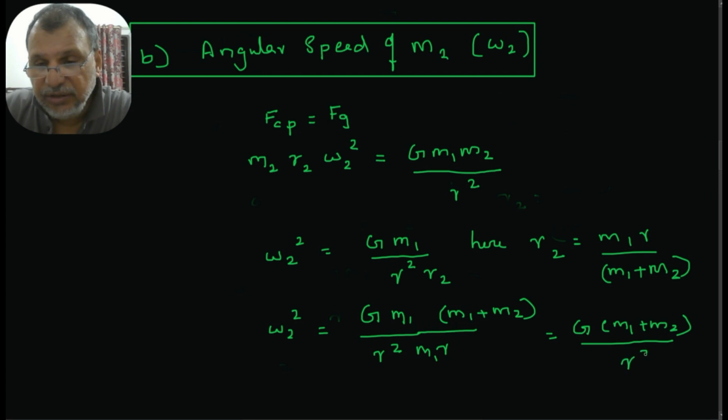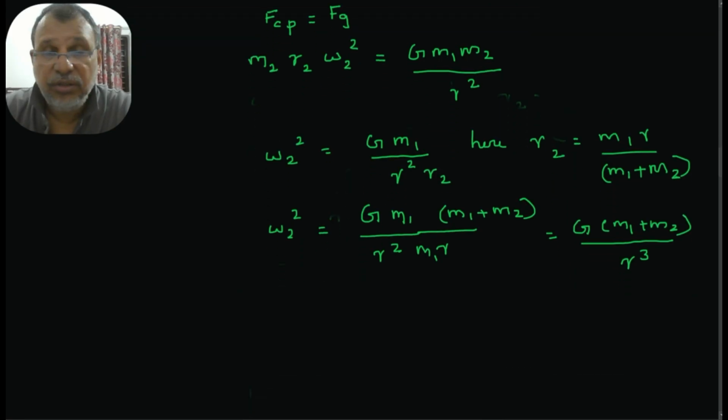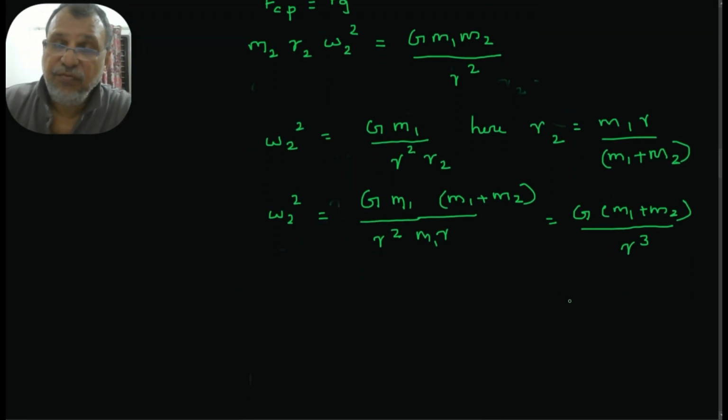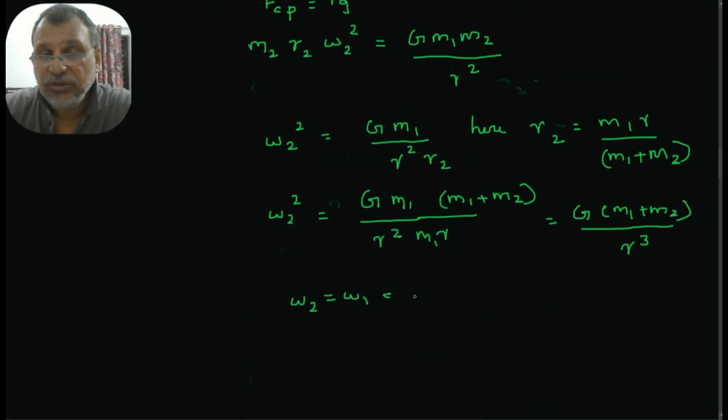Now look at this expression here. This expression is the same for R1 or R2, because neither R1 nor R2 is in the equation, and M1 and M2 tell that both the masses come in the equation. So we can just write omega 2 will be exactly the same as omega 1.